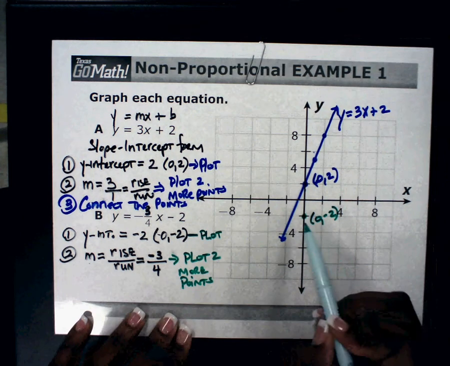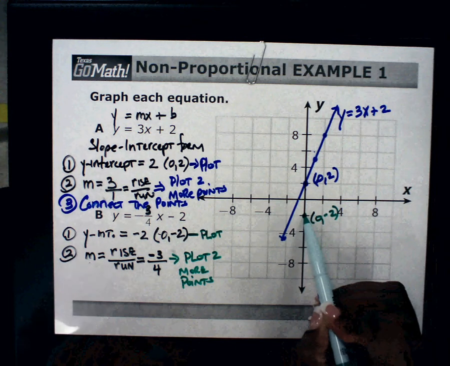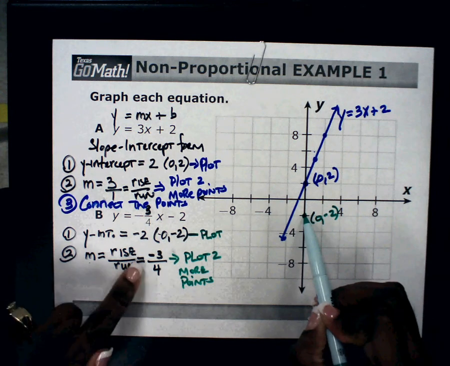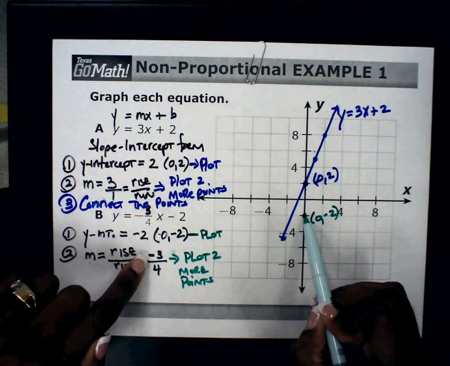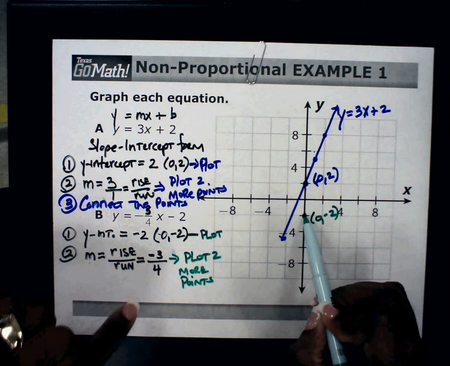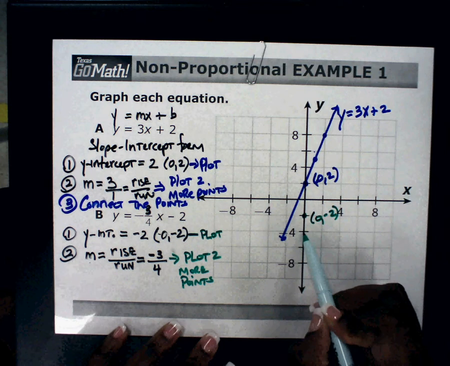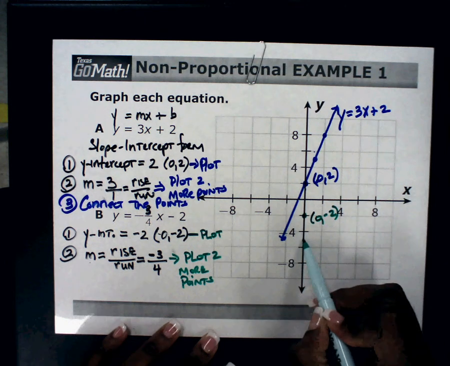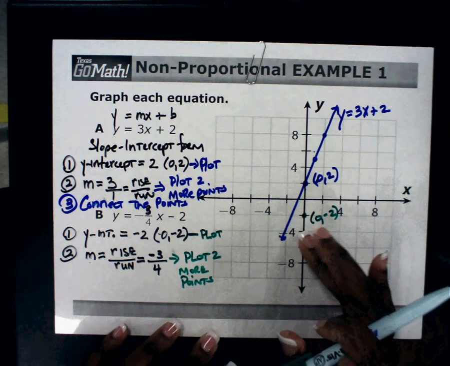So we go back to our y-intercept and place our pen there. Our rise is -3, and because it's negative on the y-axis, we go down 3 units.